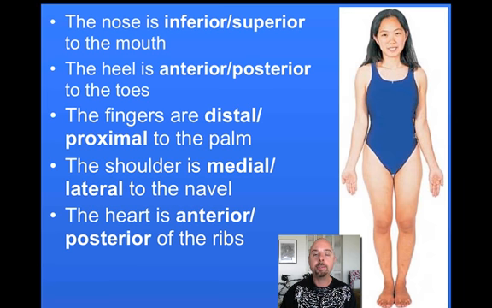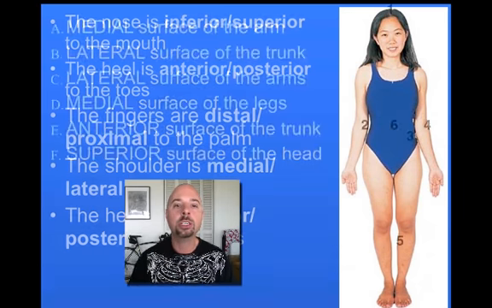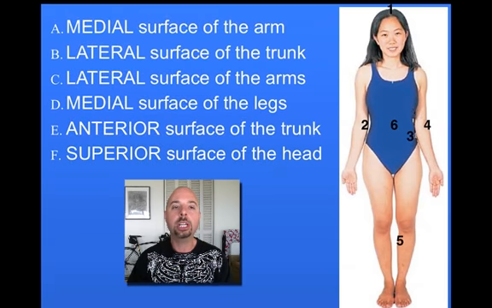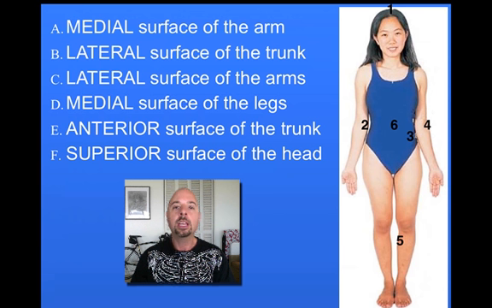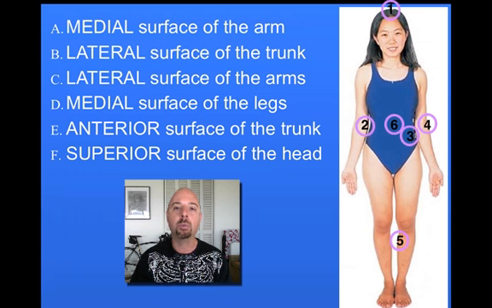Now that's not all. I do want to ask you some additional questions. And for those questions, you're going to use this diagram here. And again, you'll answer these on Edline. You'll see on the right-hand side of this diagram, I have numbers on various parts of this person's body, numbered 1, 2, 3, 4, 5, and 6.